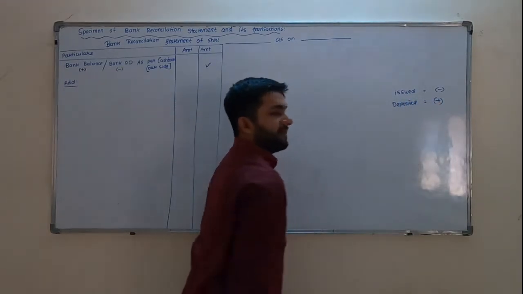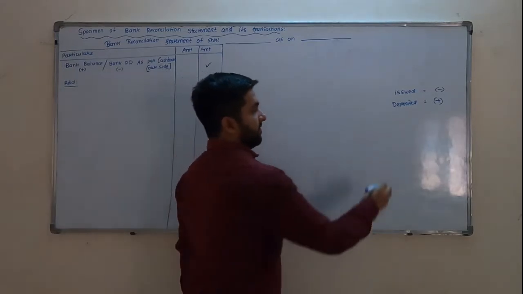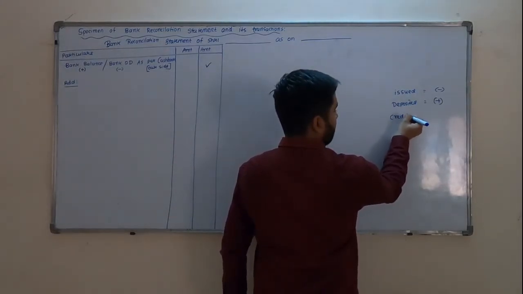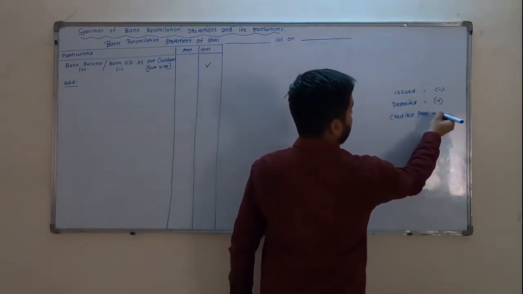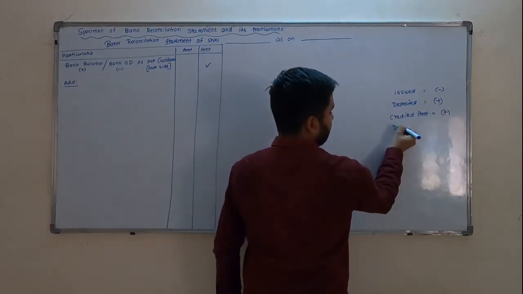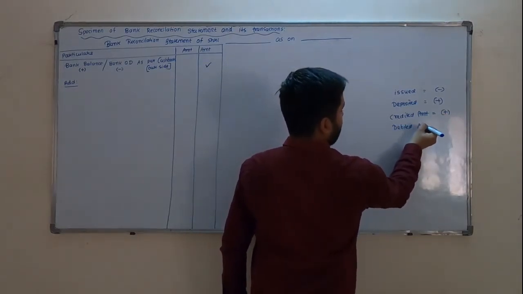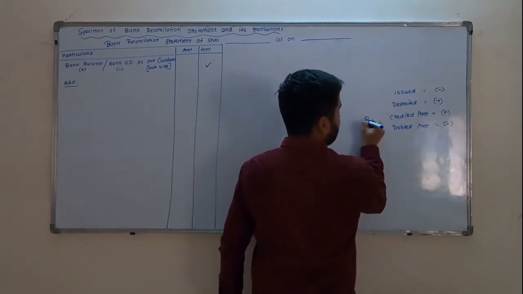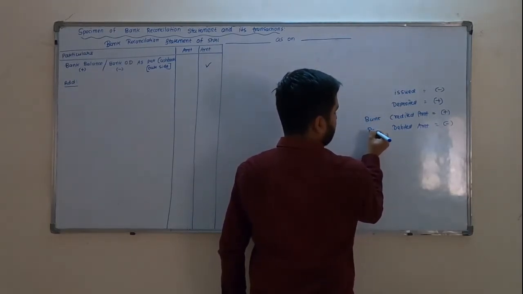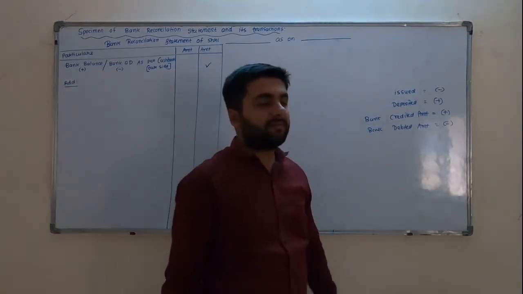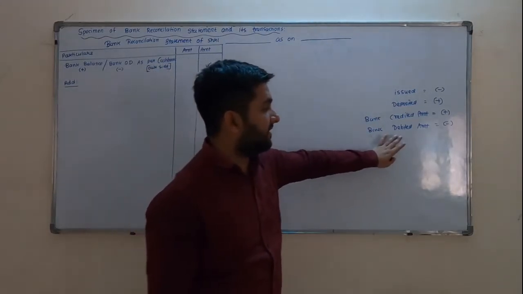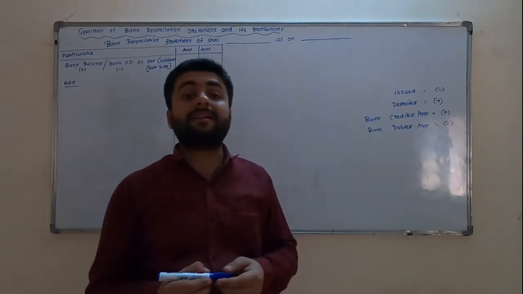Deposited is equal to plus. Credited amount is equal to plus. Debited amount is equal to minus, but this is for bank. If bank is crediting our amount, it means bank is adding. If bank is debiting our amount, bank is subtracting.